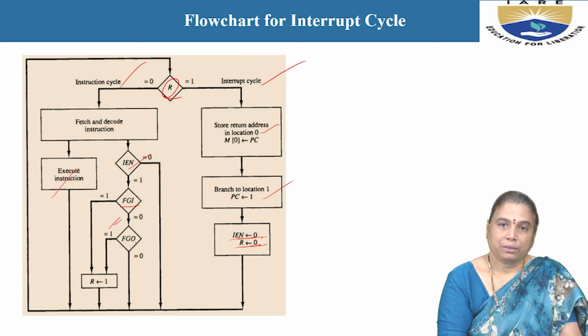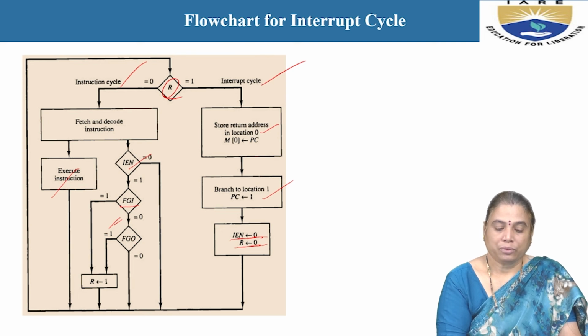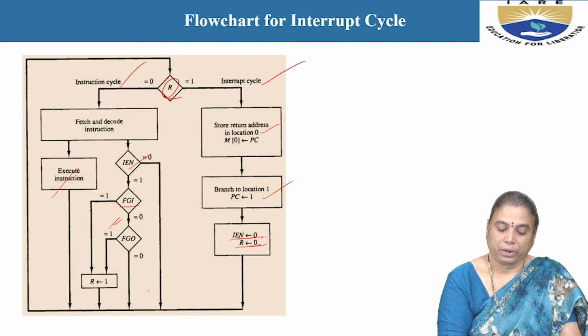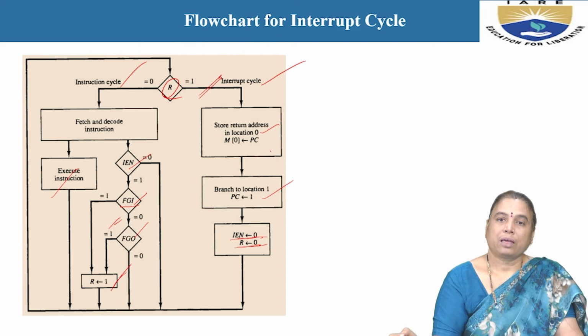So the output device value has to be taken and data can be displayed to the user. So during that time, the R value can be made 1. Why? Because here the input interrupt or the output interrupt is raised, then the R value can be made 1 to indicate that an interrupt has occurred and can be serviced.